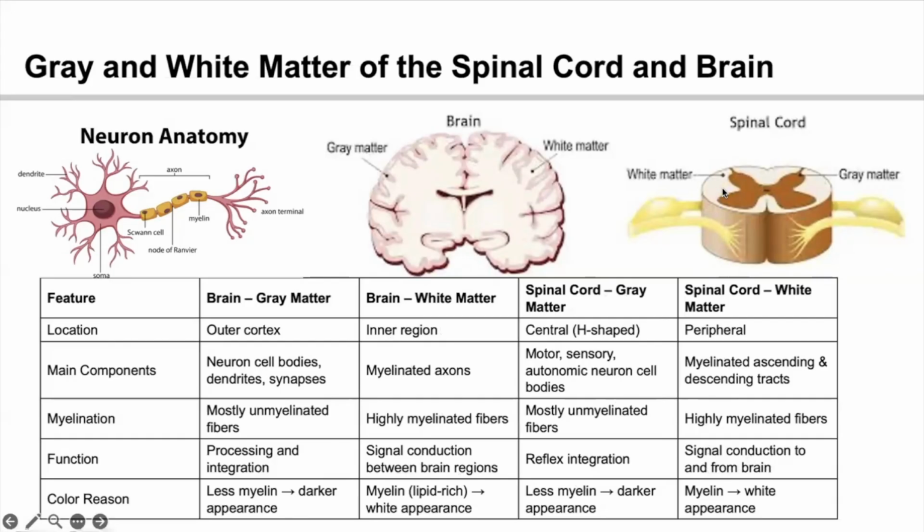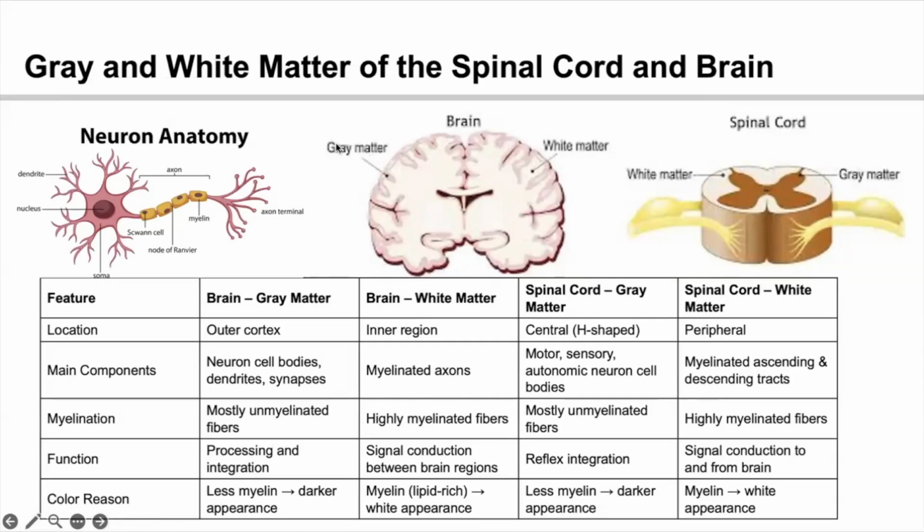This is the part we are talking about, and we will be learning at length during this entire lecture how the white matter in the spinal cord helps in signal conduction to and from the brain.